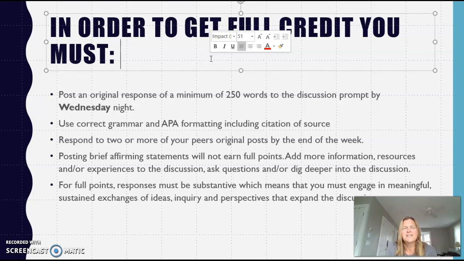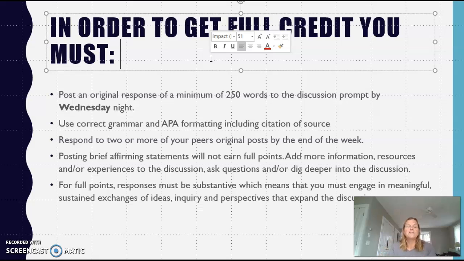Really, this discussion posting is not a place where we're just posting to check off that you've done things, that you did your post, you did your 2 responses on Sunday night, but it's really a place to get some exchange of ideas. So make sure if you post something, you go back to your post, see if somebody has given you some meaningful feedback, and then maybe provide additional feedback to them.